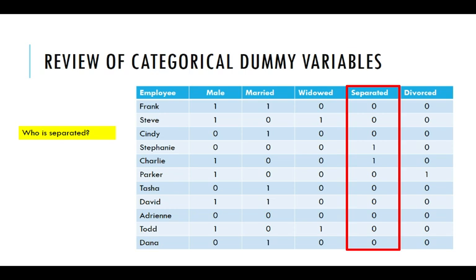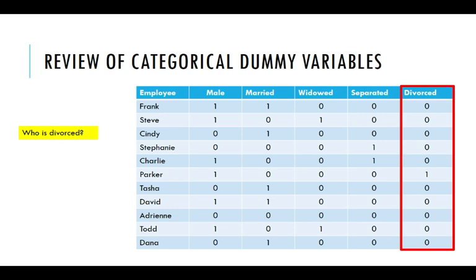So I have two people that are separated, and we can ask the same question, who is divorced? Well, we see that the only person who's divorced is Parker, because he's the only one with a 1. And everything else in the categories related to marital status get a 0.